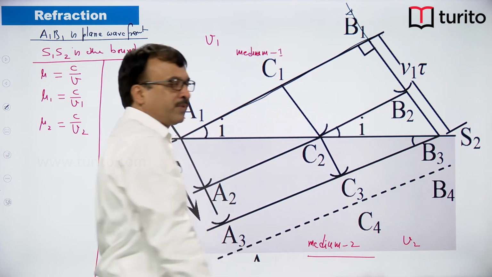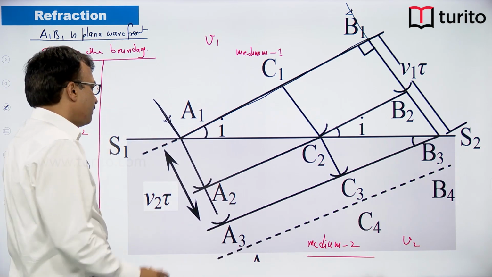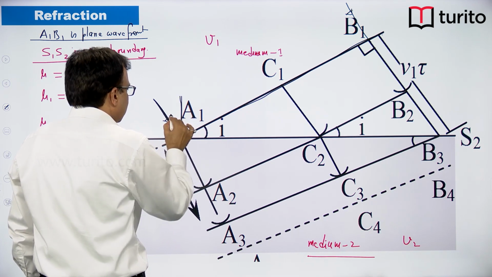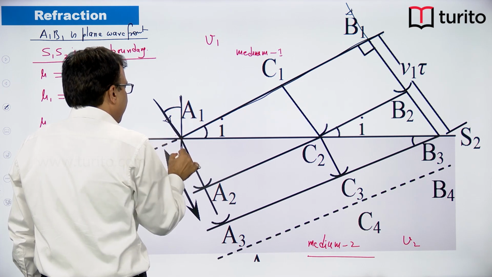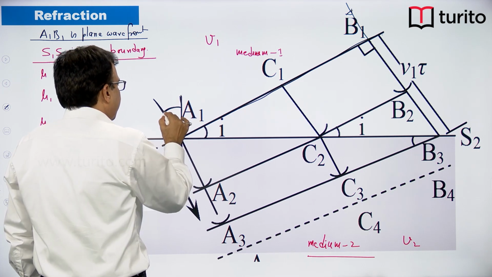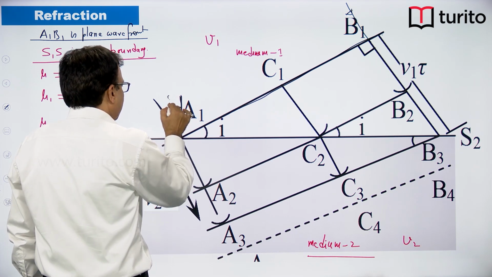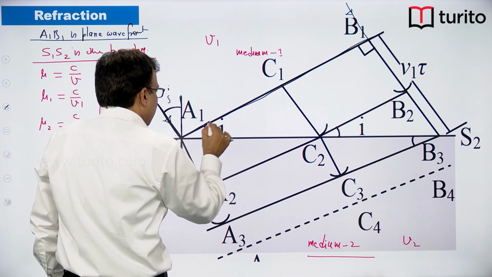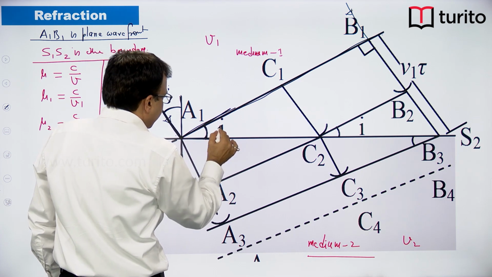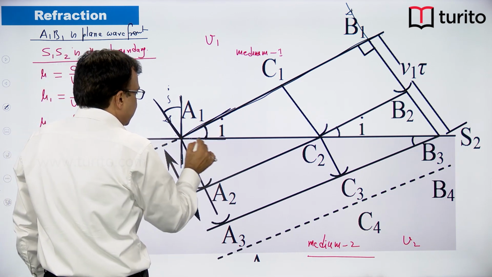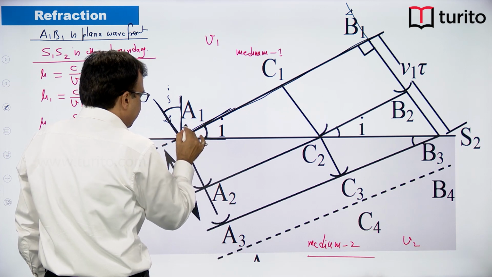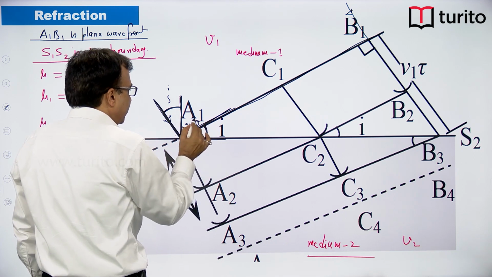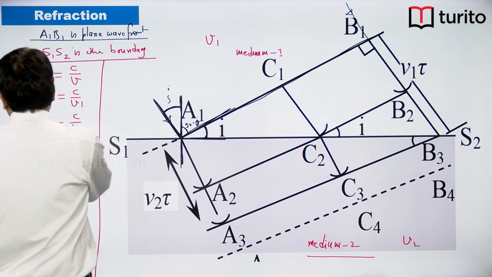You must remember one fact that if this is the incident ray and this is the normal, then this angle is called the angle of incidence. So this angle of incidence is actually equal to I, which is this angle also. The angle made by this wavefront with the boundary is I. The total angle is 90 degrees, this angle is I, so this is 90 minus I. This is the wave, this is the wavefront, these two are perpendicular, this is 90 minus I, so this angle is I.